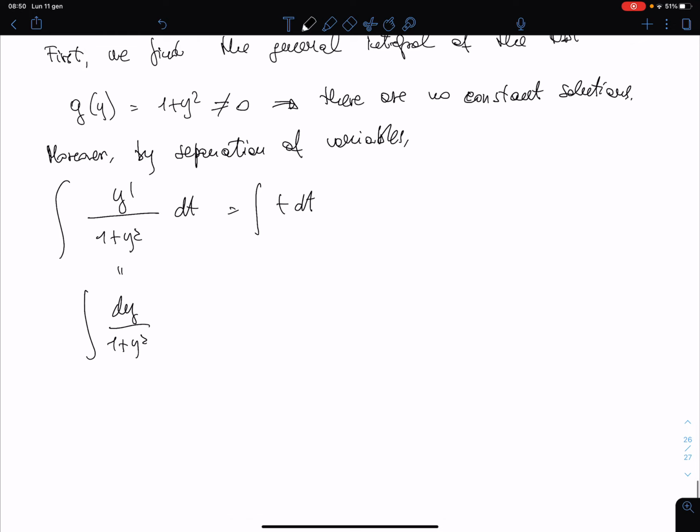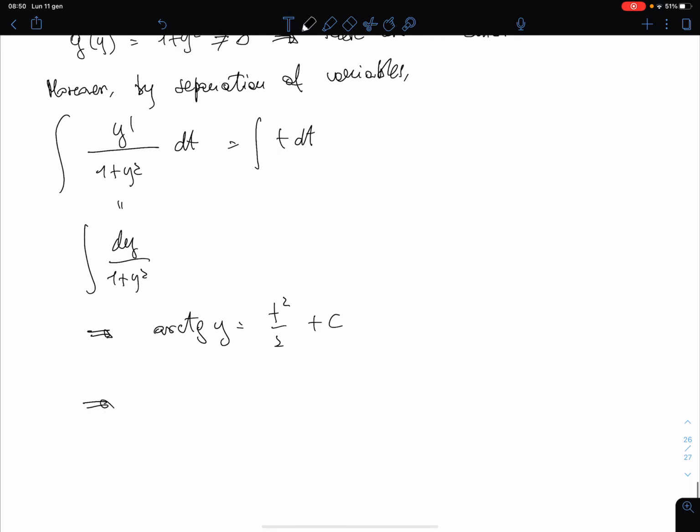And so we have arctangent of y is equal to t squared over 2 plus c. So y is equal to the tangent of t squared over 2 plus c.